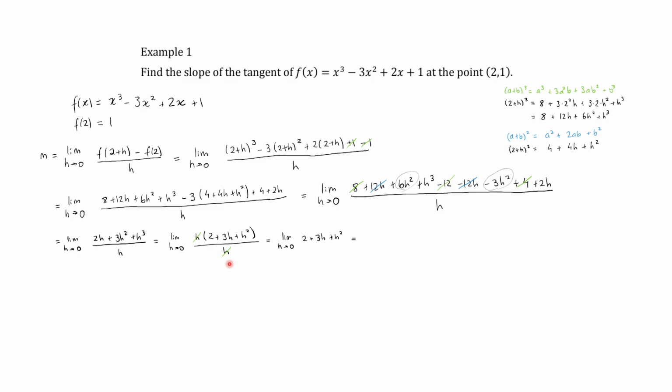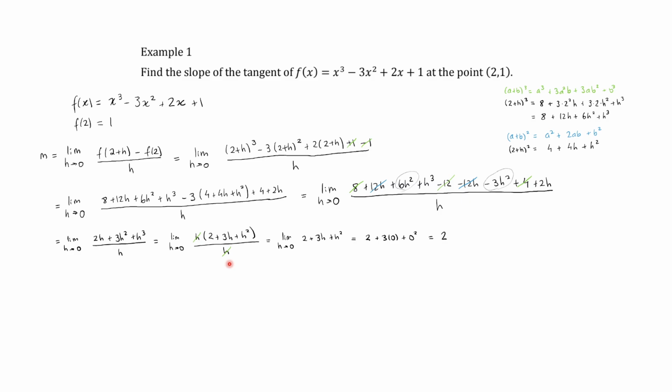So here we are going to have 2 plus 3 times 0 plus 0 squared, which is, of course, just 2. And so what does this tell us?